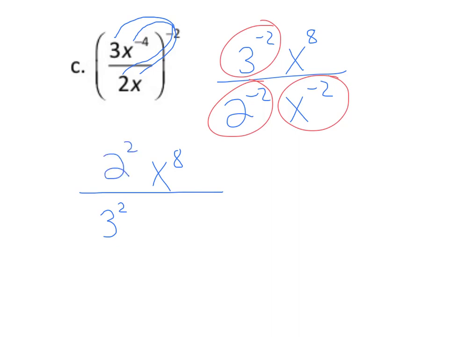And x to the negative 2 moves up to the top as x squared. Now, I simplify. 2 squared is 4. 3 squared is 9. And then when I multiply x to the 8th times x squared, I add the exponents and get x to the 10th.